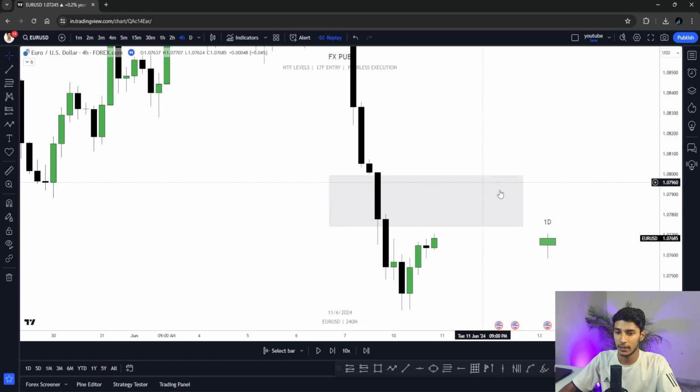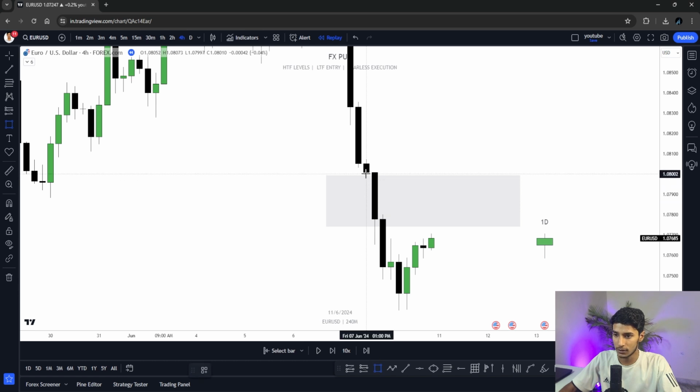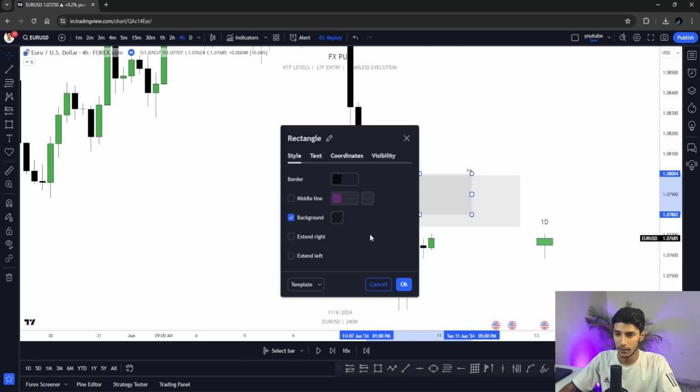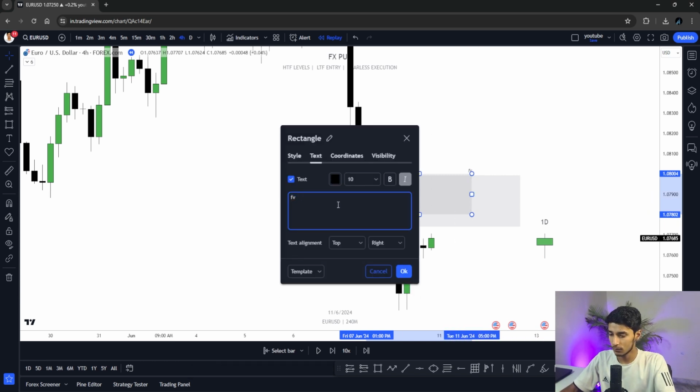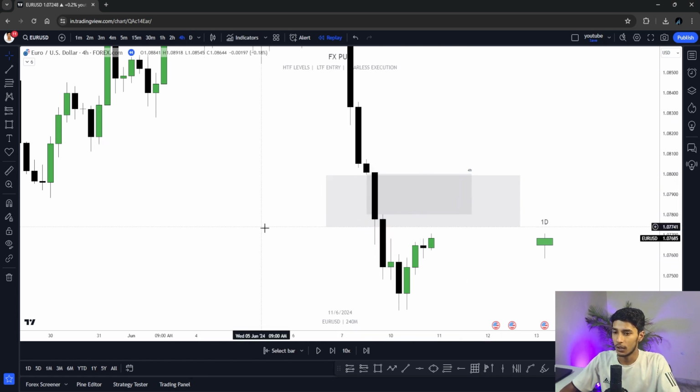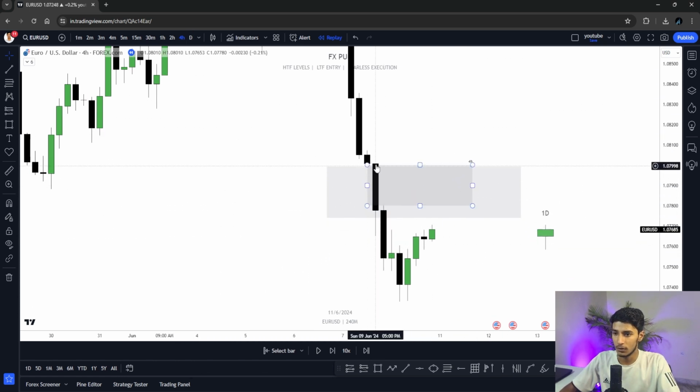This is the daily time frame fair value gap, and here we have the 4-hour fair value gap nested inside the daily time frame fair value gap, and the one is this, and there is one more.